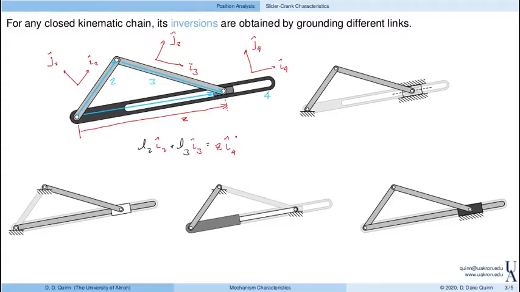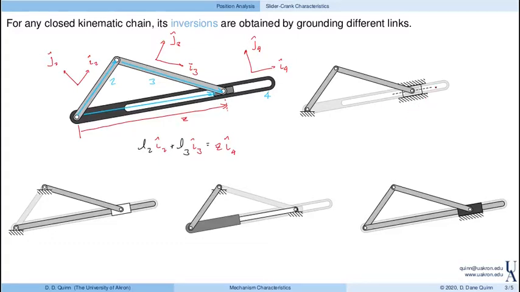And again, at this point, none of these are necessarily grounded, so we have really 4 unknowns and 2 equations. We have too many unknowns. So if I start to ground one of these links, then I actually get loop closure equations that can be solved as 1 degree of freedom systems.